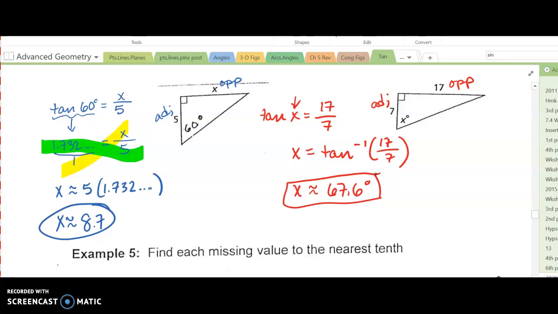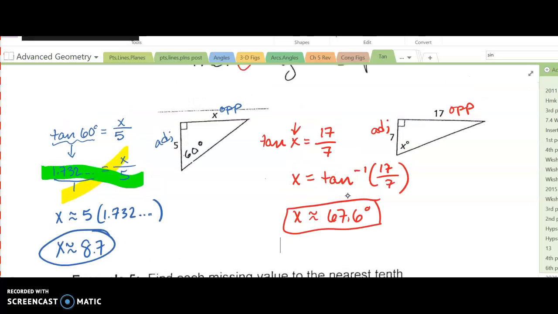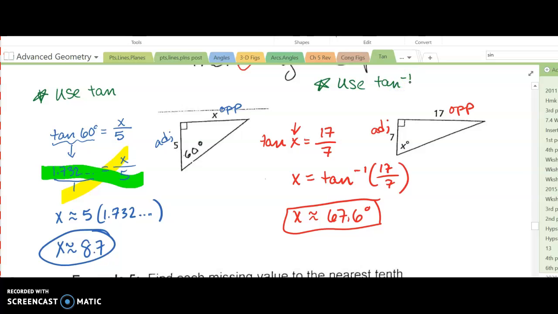So take a minute, and I just want to reflect on, when do you use tangent and when do you use tangent inverse? When do you press which button? So over here, this was a scenario in which we press tangent. So we're going to say use tan, and this one is use tan inverse. So notice where x is in each of those situations.